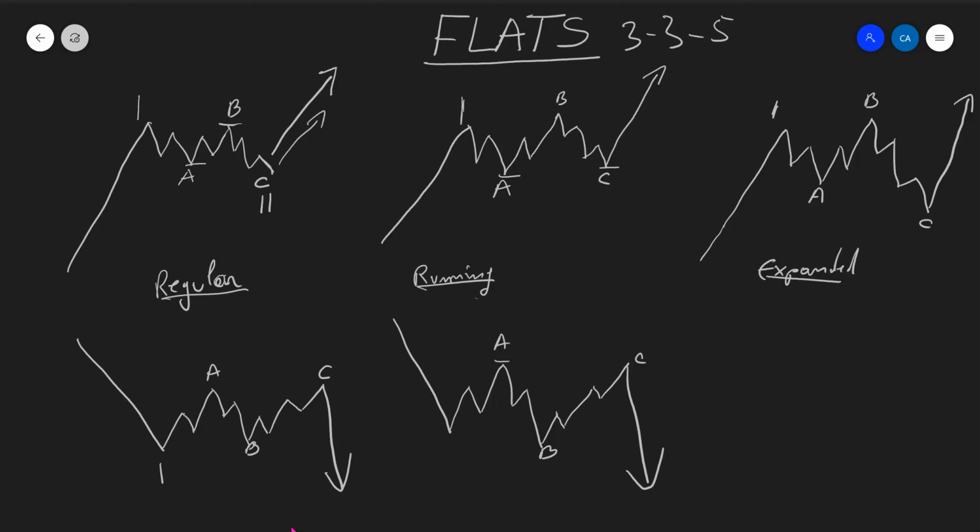These flats, these corrections, happen against the one larger degree of trend in here, right? So if this is a wave 1, this is going to be, let's say, a wave 2, or it's going to be a B, but it's going to resume in the direction of the primary trend. So then when you sell off, it's a similar story.